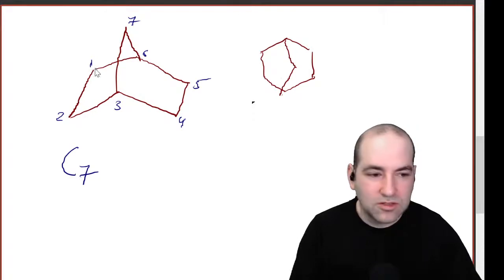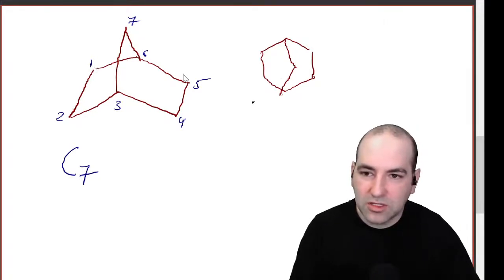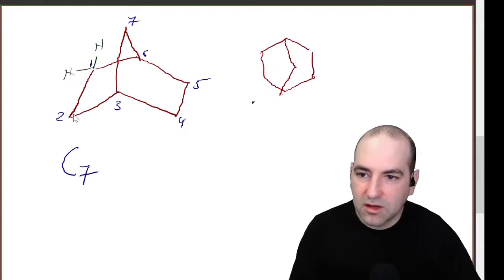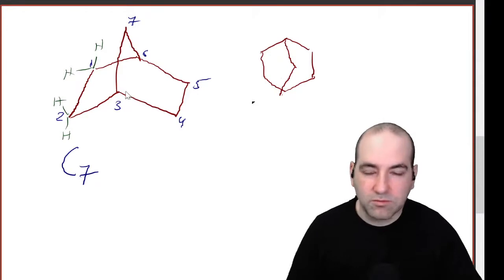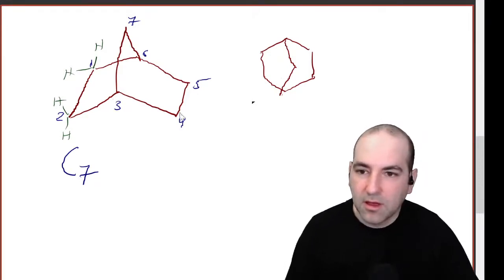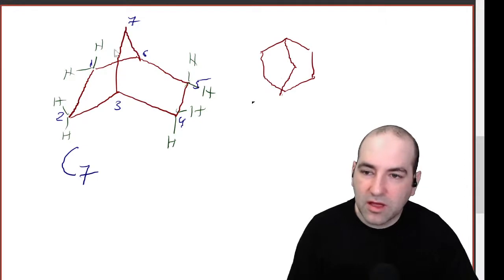So C7. Then what I'm going to do is label all of the carbons so we can go to each site. So that's 2 carbons at each of these outer ones. So we'd have a hydrogen here, here, here, here, because remember, we need four connections to each carbon. Same here, 1, 2 at each. And then this top one also, there are 2 connections coming from that carbon, so there needs to be 2 hydrogens.